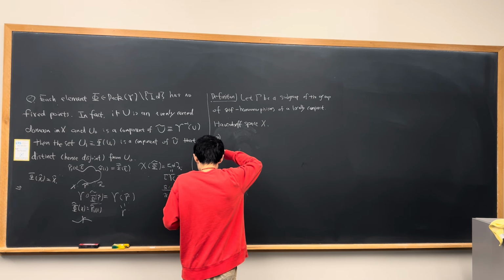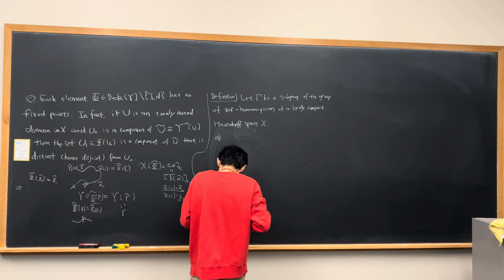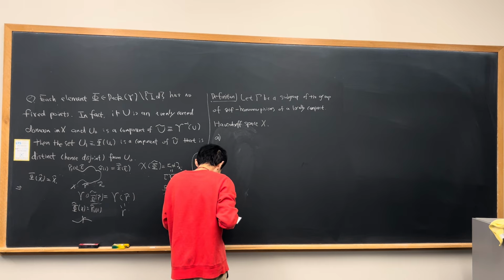I think locally compact means that for any open set you have a compact set containing it, but let me check.